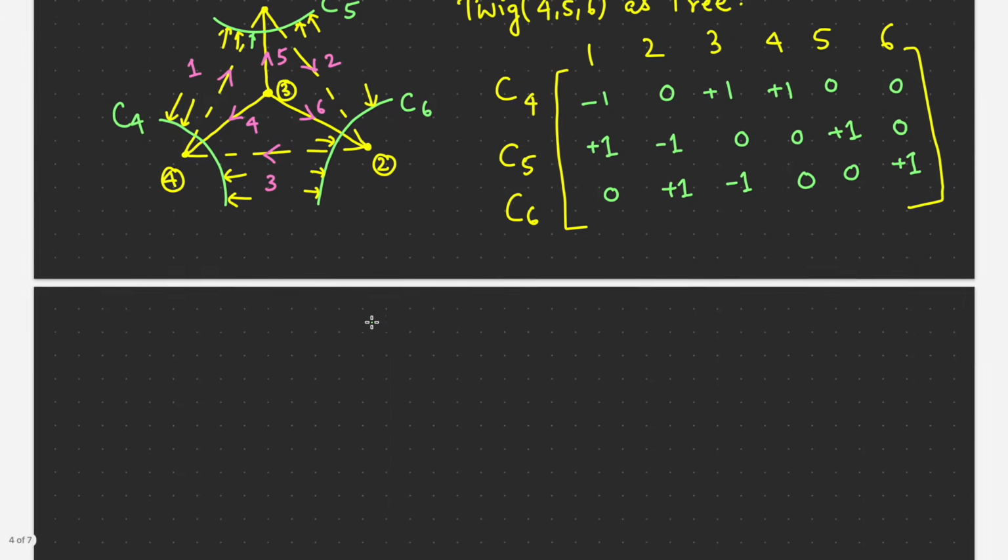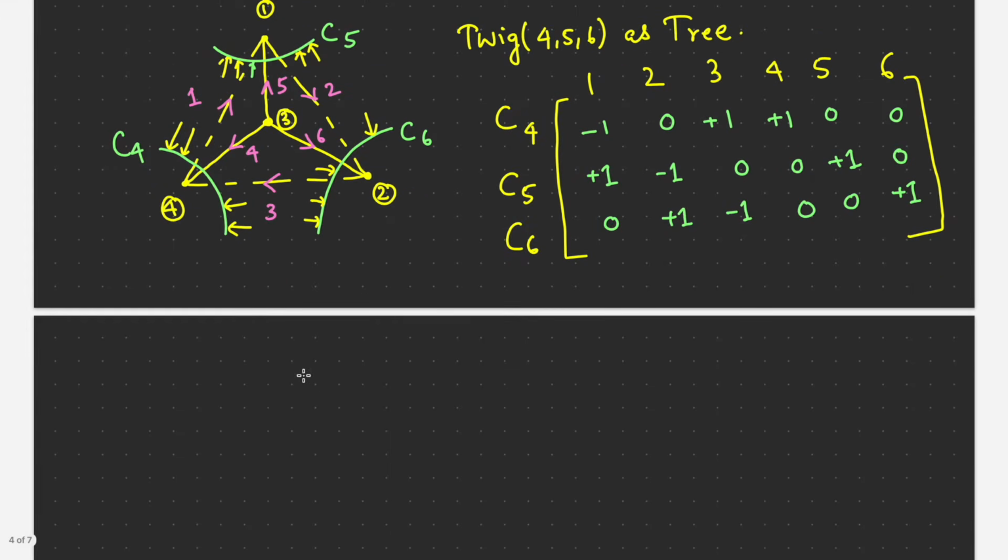From these rows we can write the equations for branch currents.